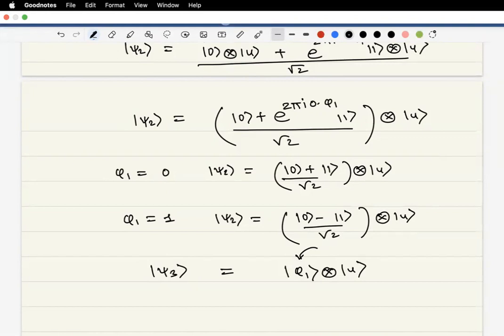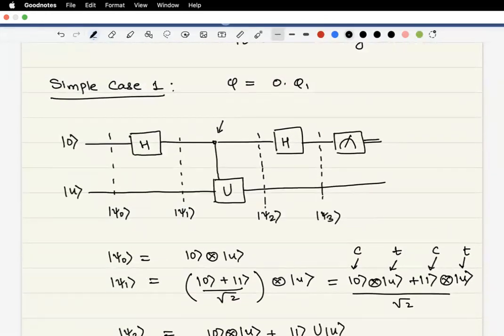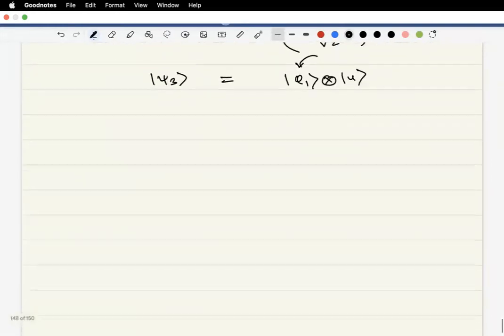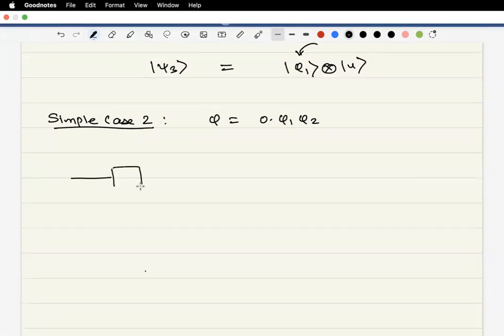Okay, next simple case. So this was a simple case when phi could have been represented as just one bit. Suppose phi was represented using 2 bits. So simple case 2, let's say phi was equal to 0.phi1 phi2. Then the circuit is the following. You have the Hadamard gate as before.